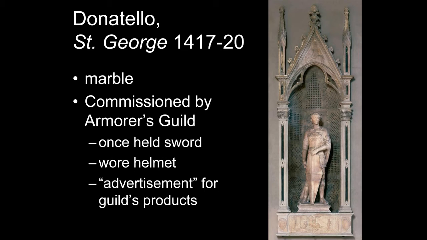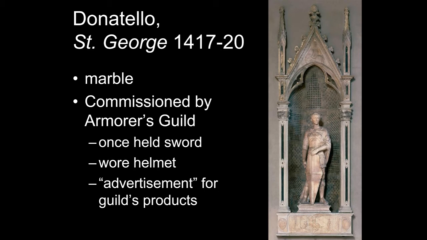And each guild in Florence was supposed to commission a statue. Some of them are in bronze, which is very expensive. Some of them are in marble. This statue was commissioned by the Armorers Guild. And we can tell from some of the marks that are left on it that he once had an actual metal helmet.